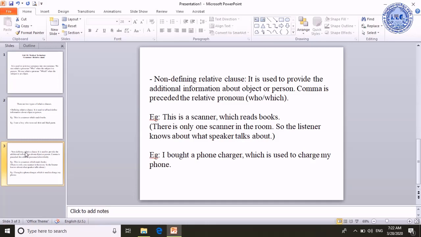Defining relative clause is used to give information to make the listener identify or notice a person or object clearly. For non-defining relative clause, it is used to provide extra information about object or person, and without the extra information, the listener still knows and identifies that person or object clearly.